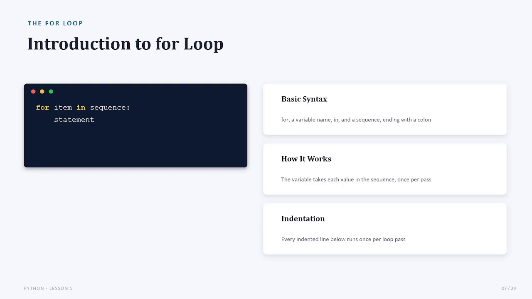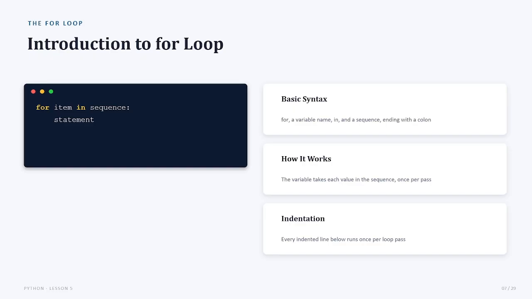Let's look at the basic syntax given on your screen: for item in sequence, and then the statement. Now, don't worry if this looks a little confusing. We are going to break it down. The keyword for tells Python that we are starting a loop.